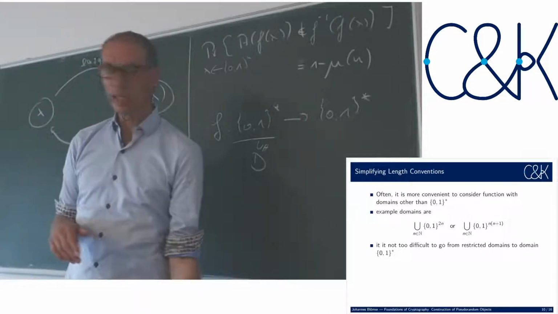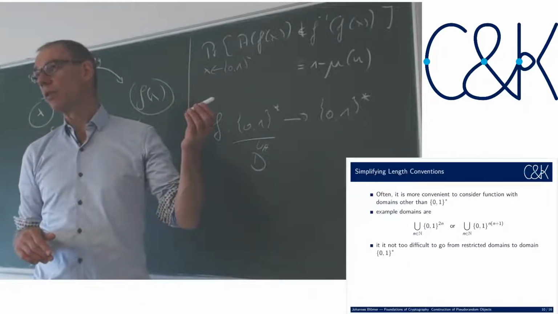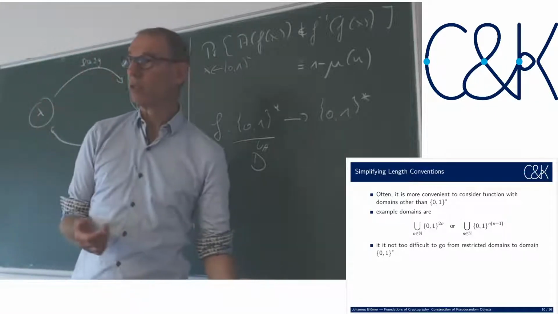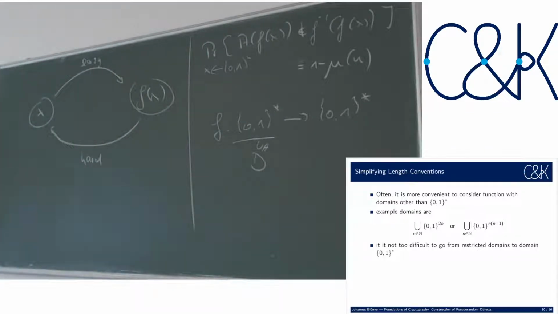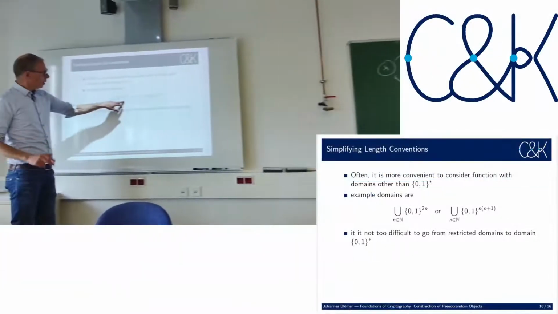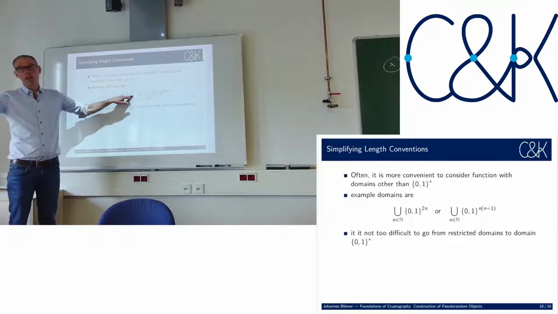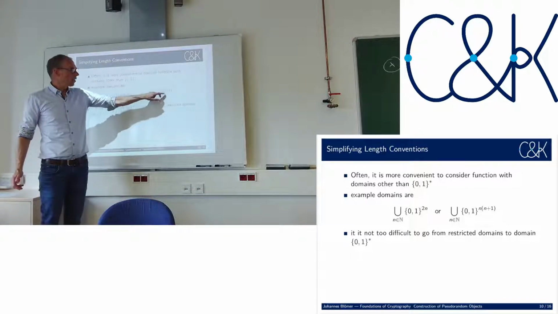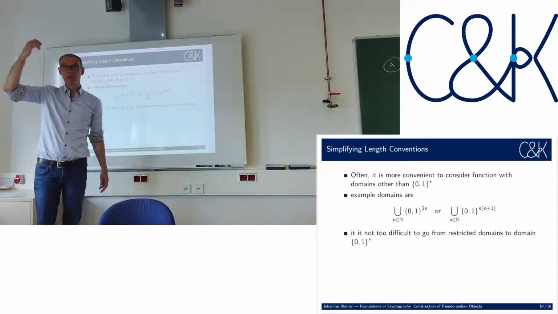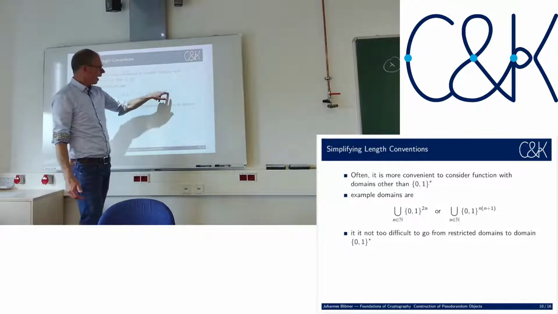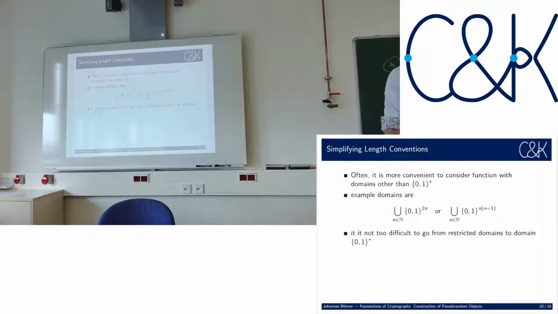In fact, what we usually have is that for some input lengths, the function is simply not defined. Example domains are where the function is only defined on bit strings that have an even length and not on odd length, or where the length is n times n plus 1, so it's roughly n squared. I took these two examples because those are the things that I need for my two candidates.